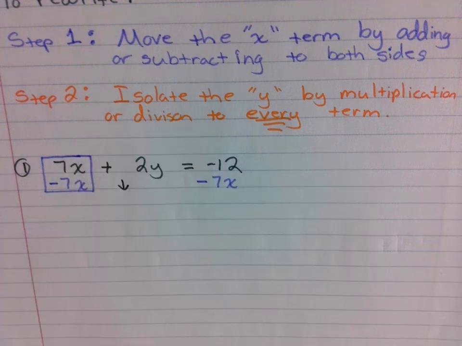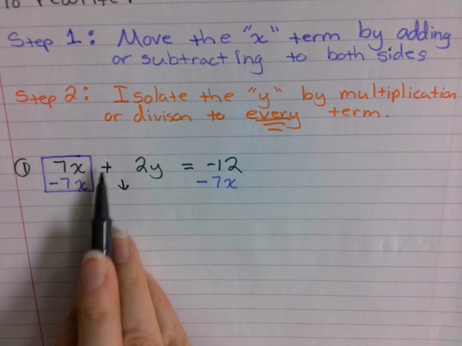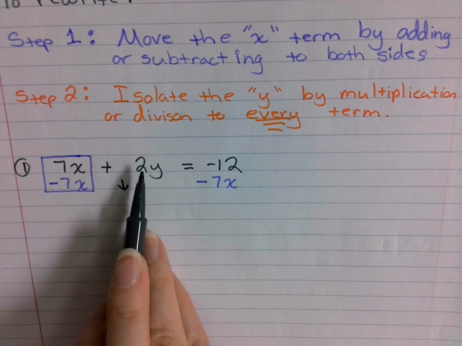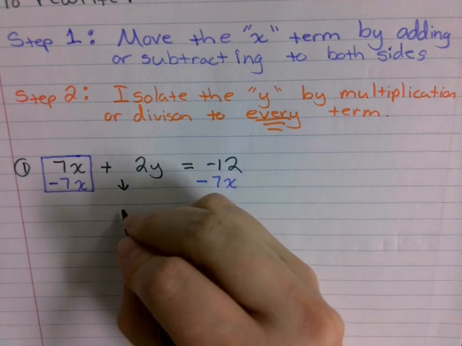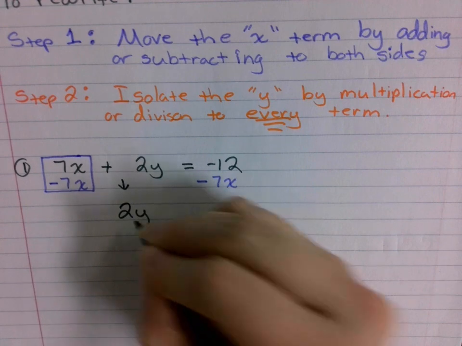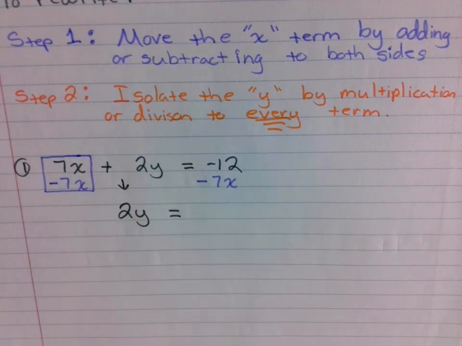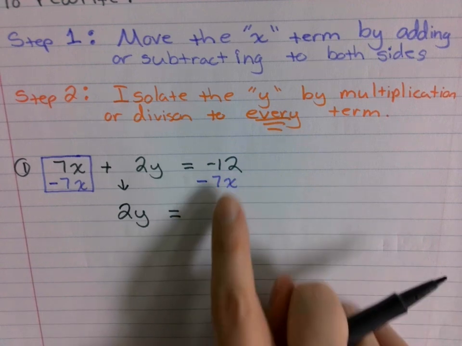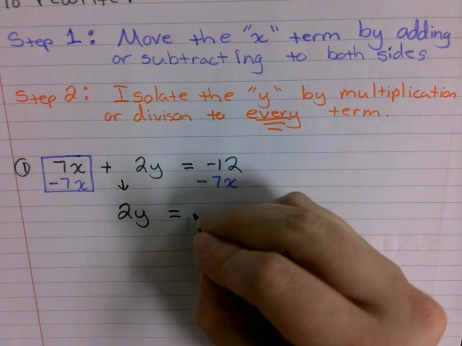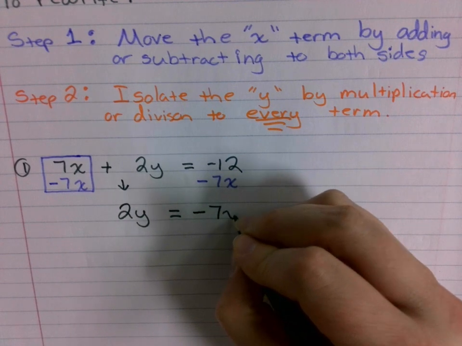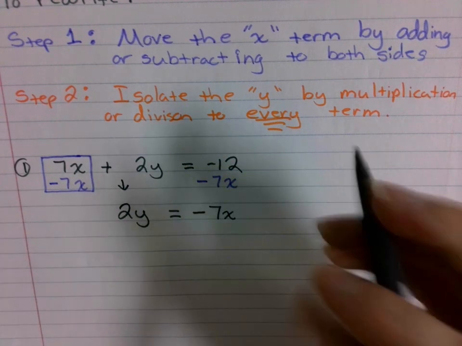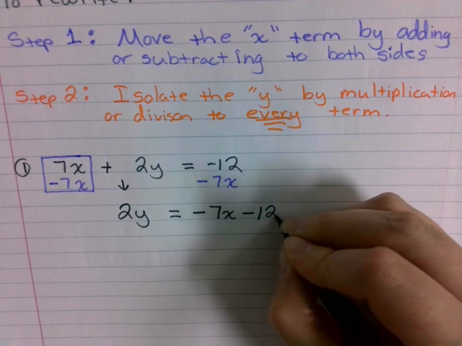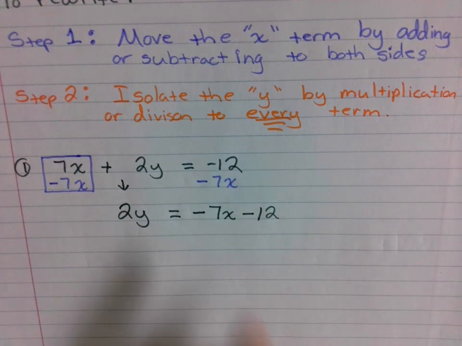What's remaining is a positive 2y, because that's a plus sign. So I'm going to bring that 2y down, equals, and because I want to put it in y equals mx plus b, I'm going to put my x term first. So I'm going to put negative 7x, and that negative 12 now becomes a minus 12. Again, I cannot combine those because they are not like terms.